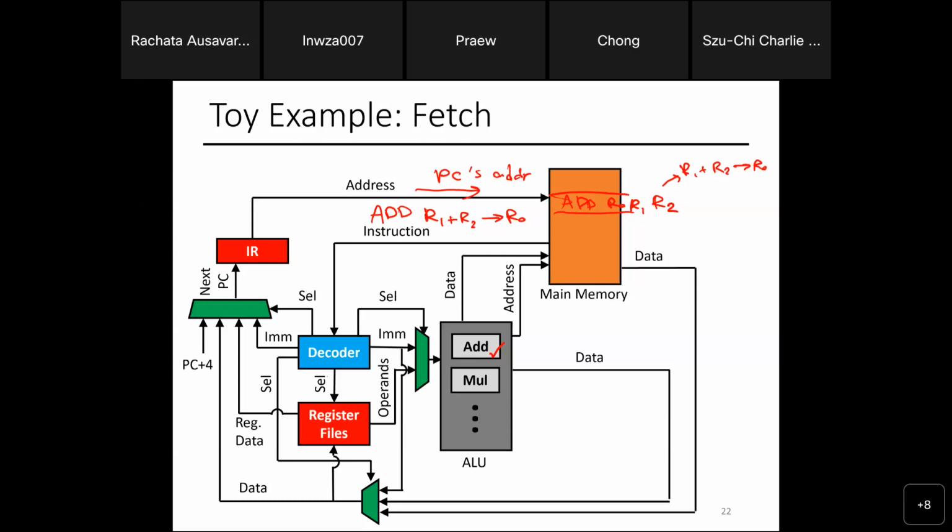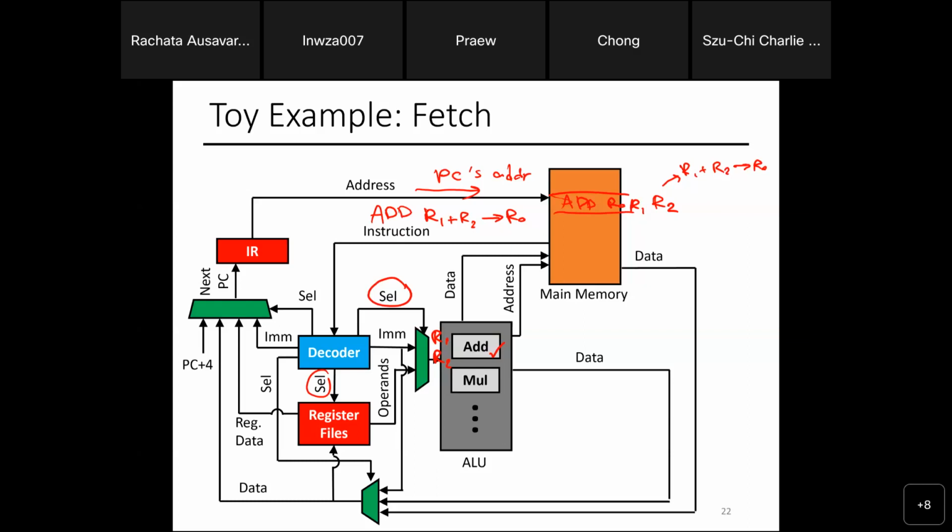So it sends the select signal to the register file to select in a way that R1 and R2 are being passed here. It also selects the input that comes from the register file to forward R1 into source 1, and R2 into source 2 of my adder. All right, with me so far?